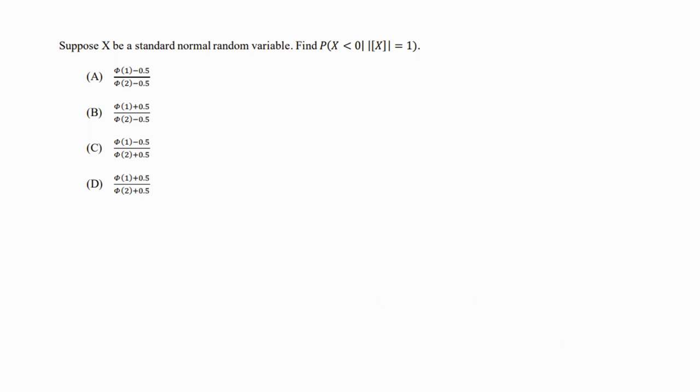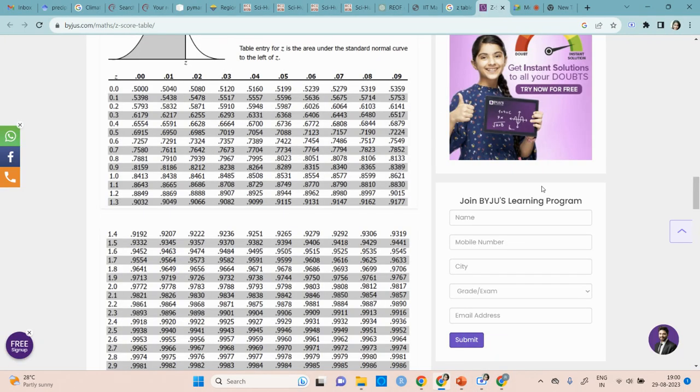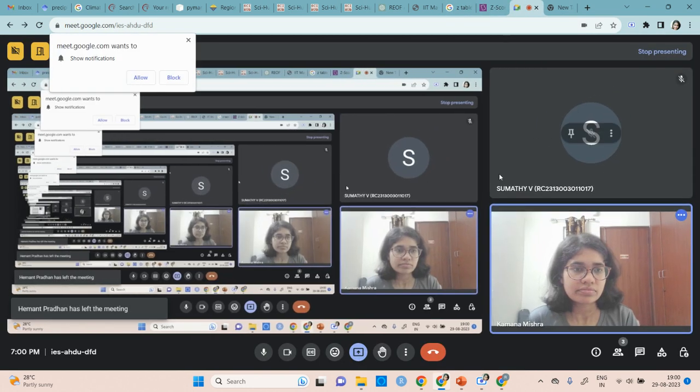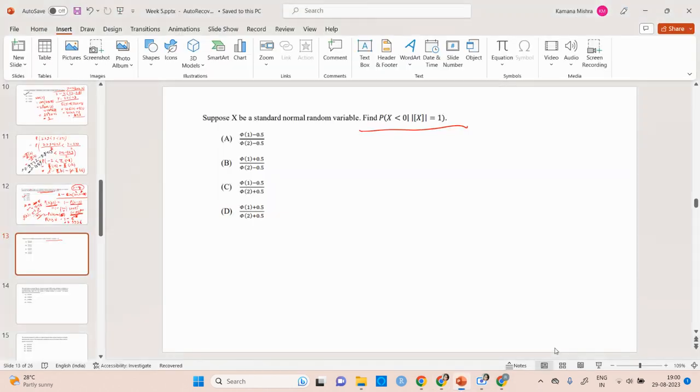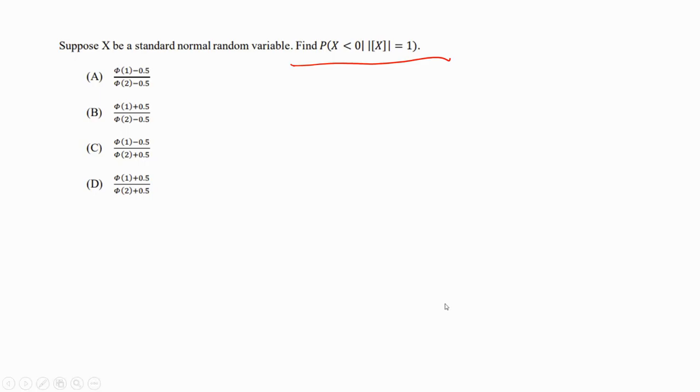So now the next question we have here is: suppose X is a standard normal variable, and find the probability that X is less than 0, given that the greatest integer of |X| is equal to 1.